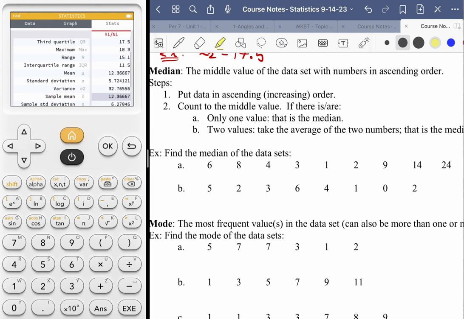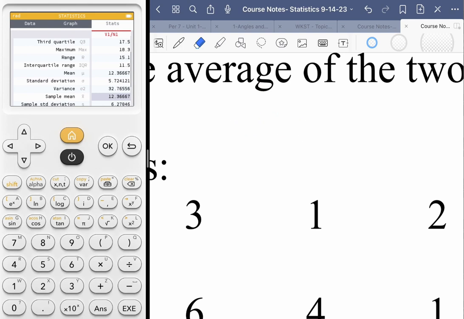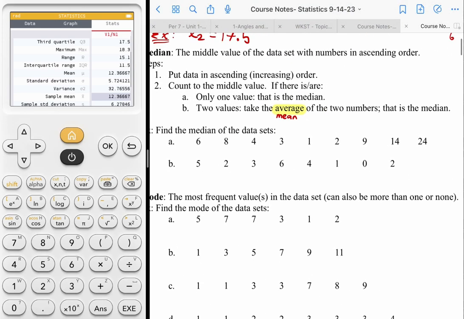All right? And again, average, another word for mean. I'm just going to write that again. Right, so the average is another word for the mean.